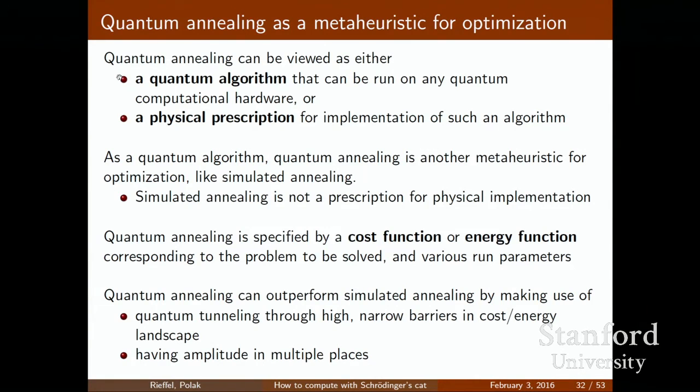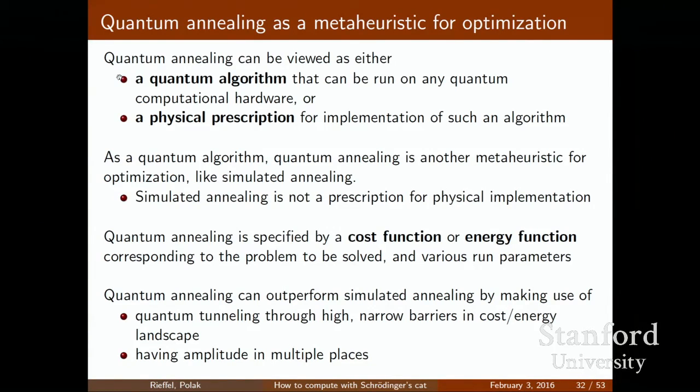Part of the reason there's a little bit of flow between those terms is that the only quantum computational hardware we have at the moment are special purpose quantum devices which run quantum annealing. There's a question out there as to how well they run it, but that is what they are doing.